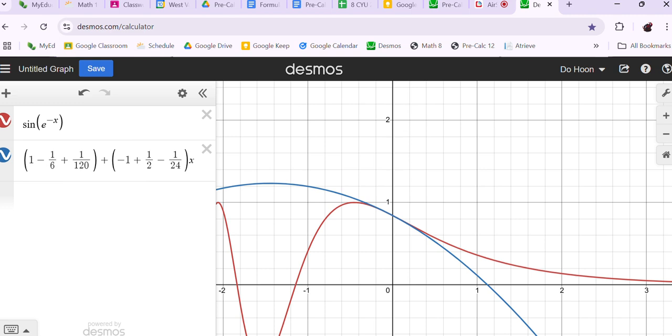And the blue curve is the approximation. So I guess at least for x equals 0, or close to that, my approximation seems pretty fine.